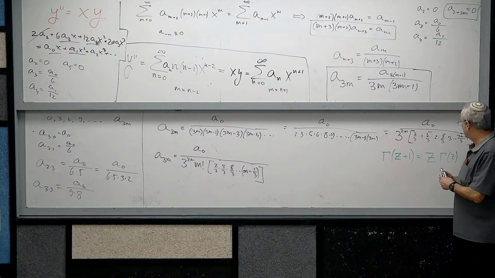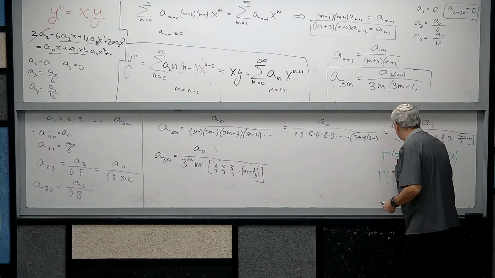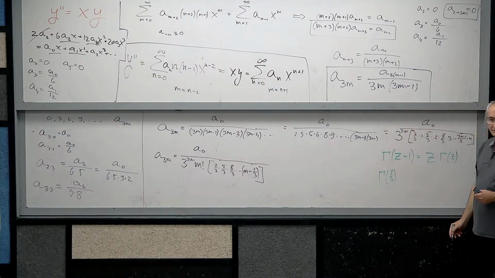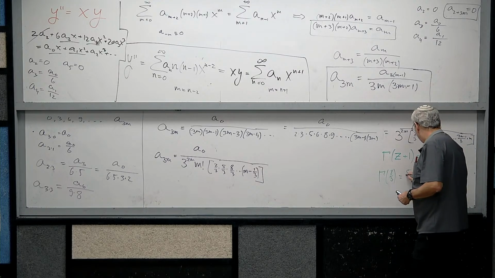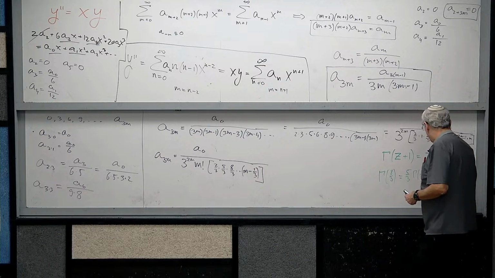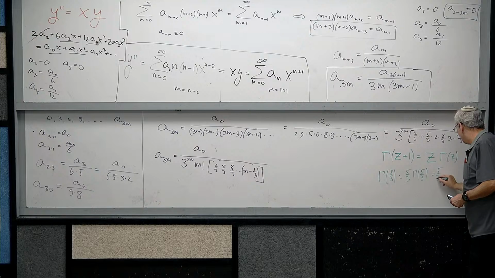So, what will be gamma of, let's say, 8/3? According to what is written here, it will be 5/3 gamma of 5/3. But what is gamma of 5/3? This is 5/3 times 2/3 times gamma of 2/3.